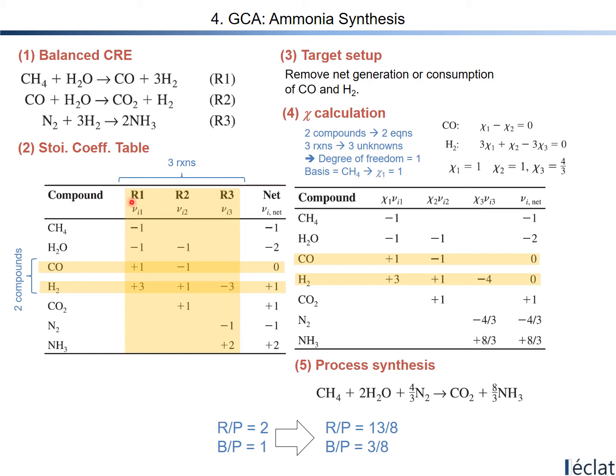So the weight factor should be 1. Only in that case can you keep the stoichiometric coefficient of CH4 as 1. So basis equal to CH4 means Chi1 is equal to 1. Then right now two unknowns, Chi2 and Chi3, with two equations. Then you can calculate the values of Chi2 and Chi3.